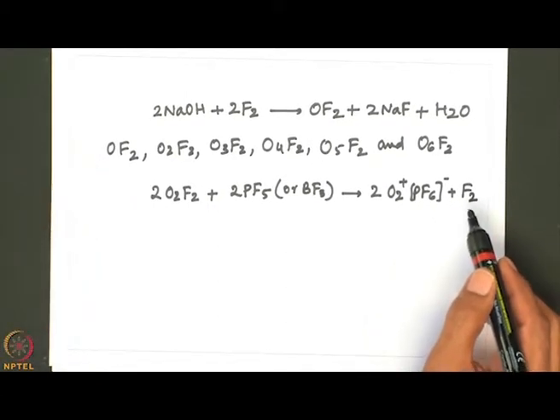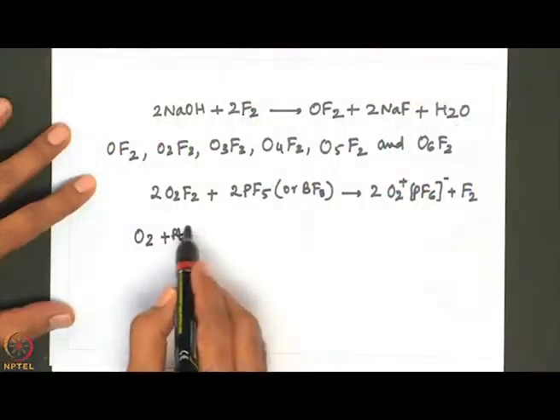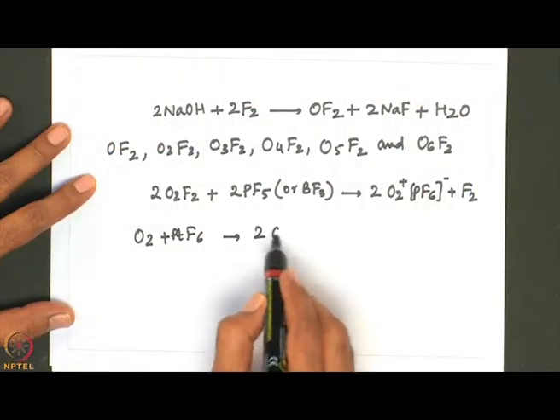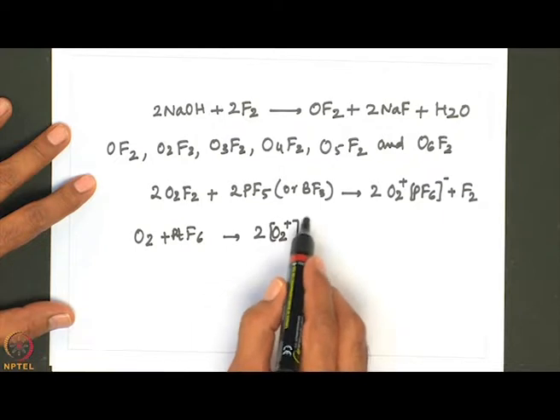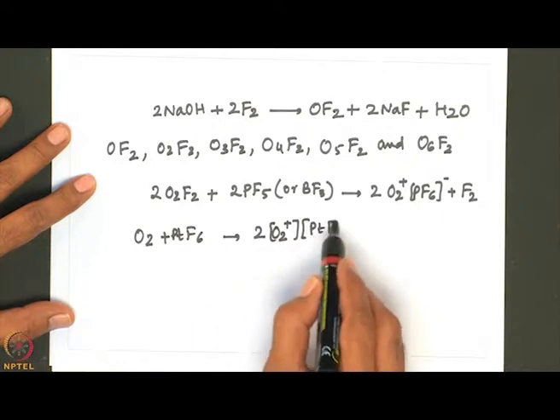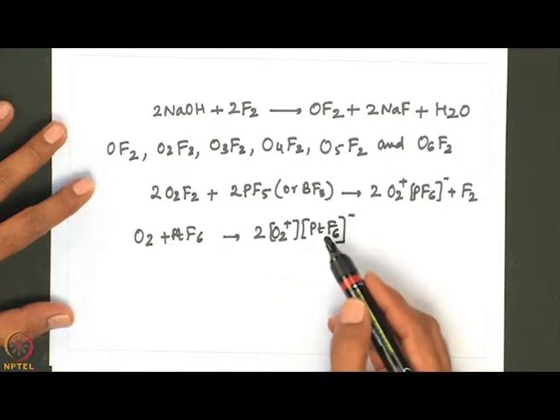So, by direct oxidation of O2 using PtF6, one can prepare O2 plus cation. For example, O2 plus PtF6 gives O2 plus PtF6 minus. In fact, this reaction led to the isolation of the first noble gas compound by Bartlett. I will be discussing the group 18 chemistry, especially that of xenon and krypton, when I proceed to the chemistry of group 18 elements.